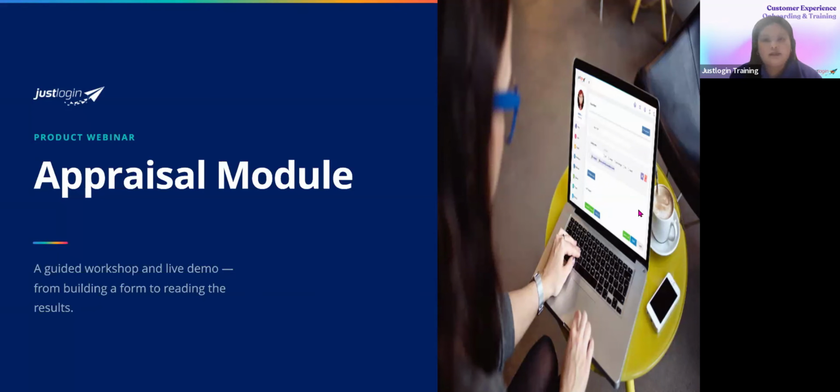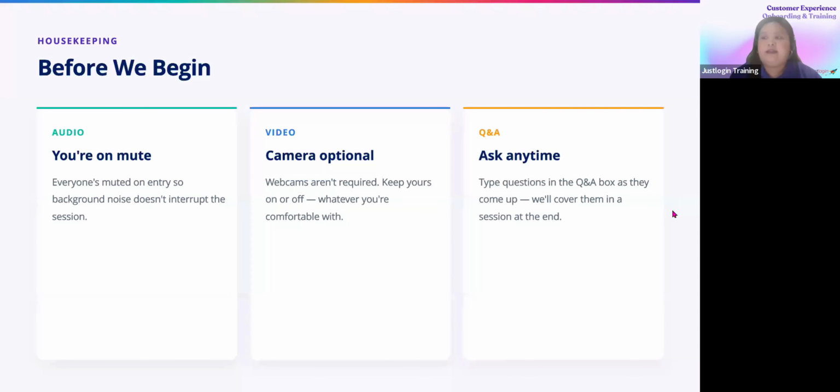This workshop will be divided into different sections, but before that, as part of the house rules, these are just the rules that we have. Everybody will be on mute first so that we don't have any background noise. We do not interrupt the session. Camera is optional.